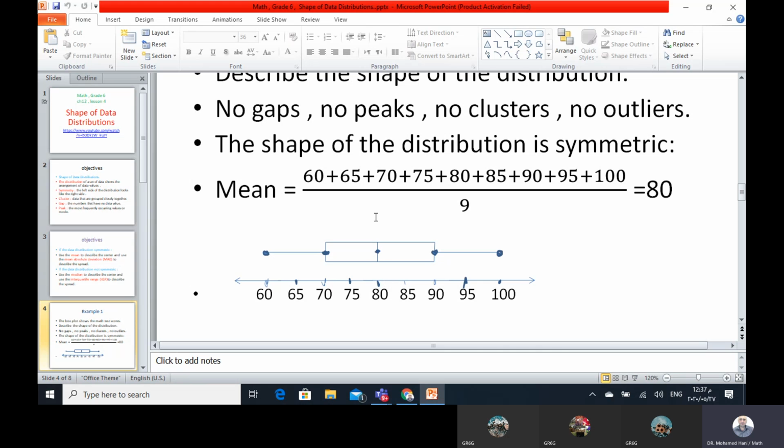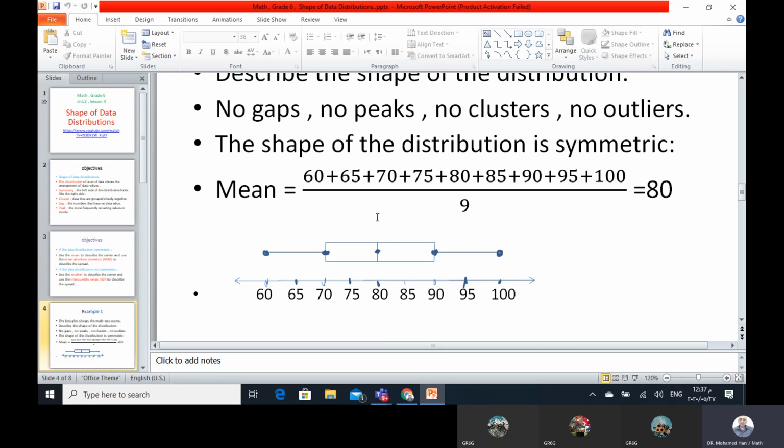As you see here, if I draw a line in the middle, the right numbers are the same as the left numbers, which means here we have a symmetric shape.